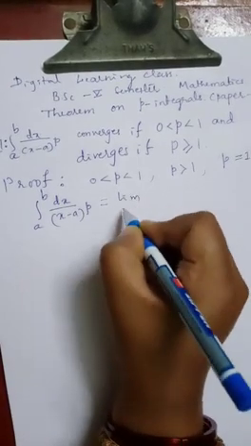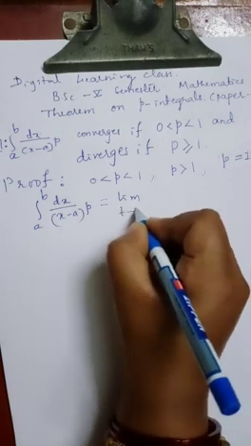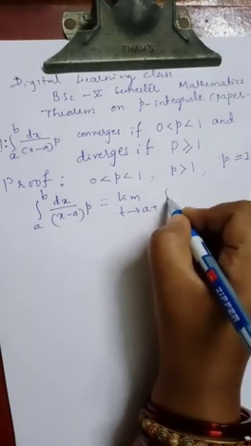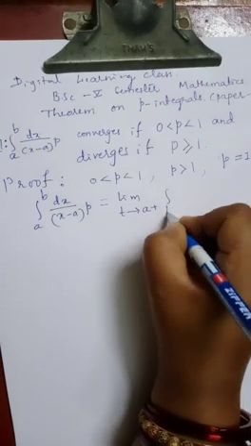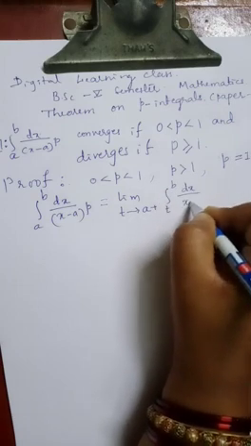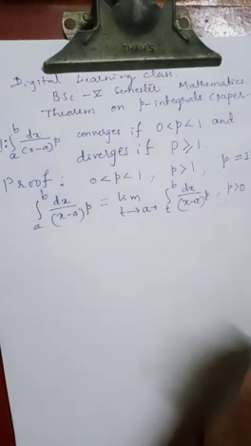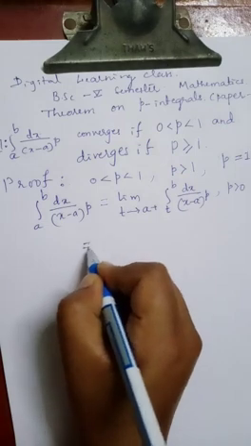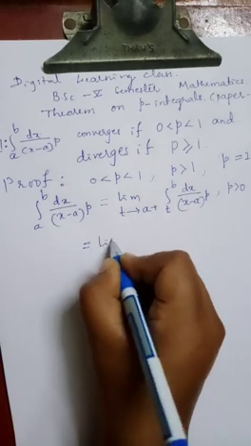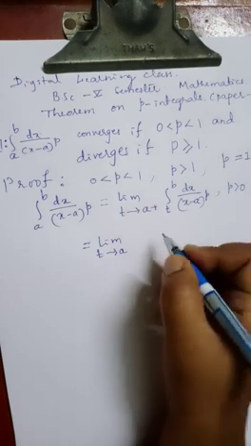So by definition, this integral is equal to the limit as t tends to a plus of the integral from t to b of dx by (x minus a) raised to p, and this is equal to the limit as t tends to a plus.